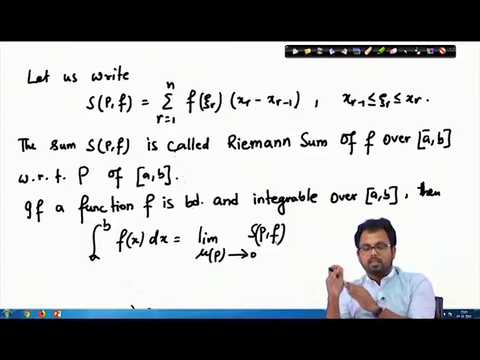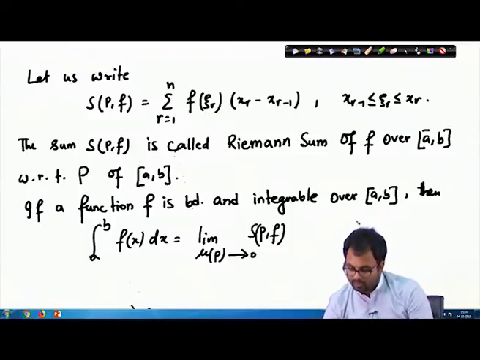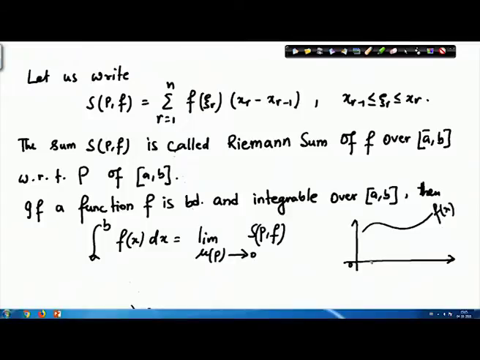And then in that case, if you look at this figure, let us say this is my f(x), and that is x equals a, and that is x equals b. Doing this definite integral is basically calculating this area.